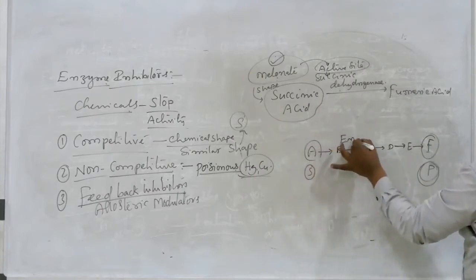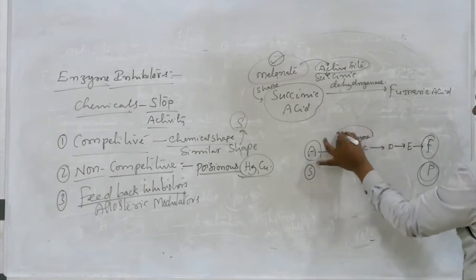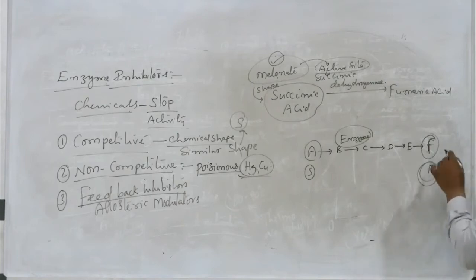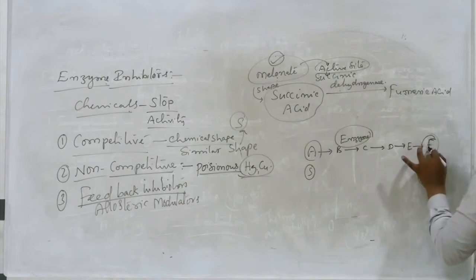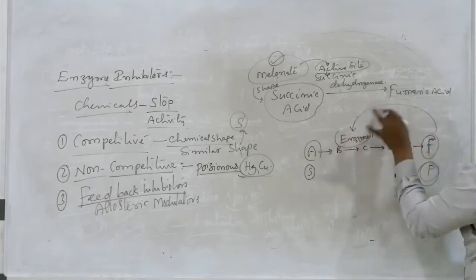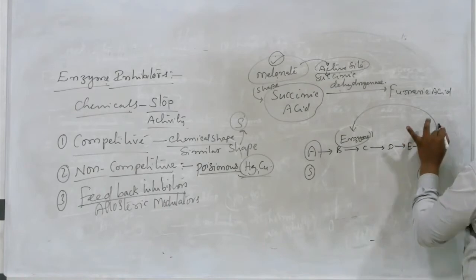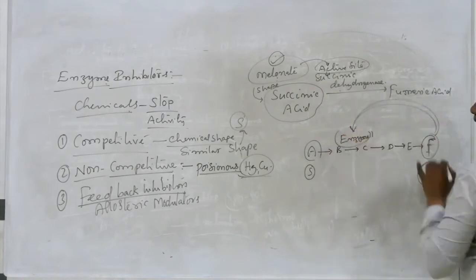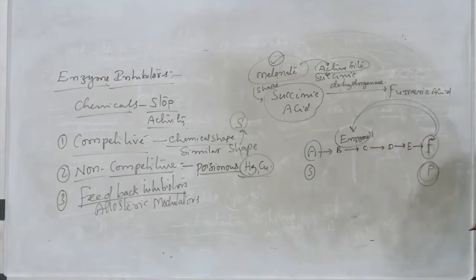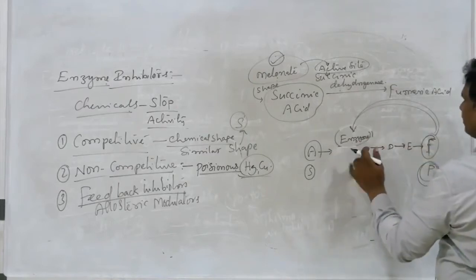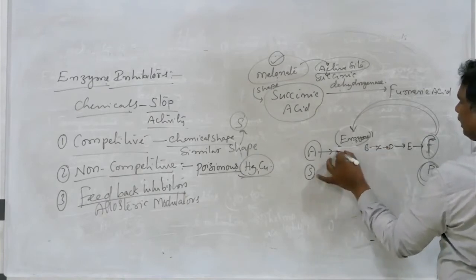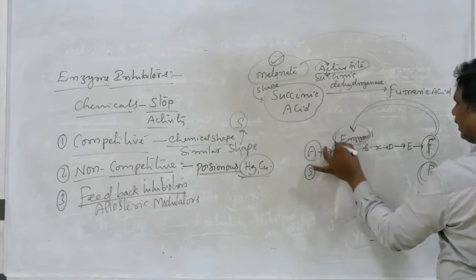Let us assume there are different enzymes here. So what is the end product? F. The end product of the reaction will inhibit the activity of the enzyme that is involved in the first reaction, which is feedback. Suppose A changes into B, this is the enzyme.